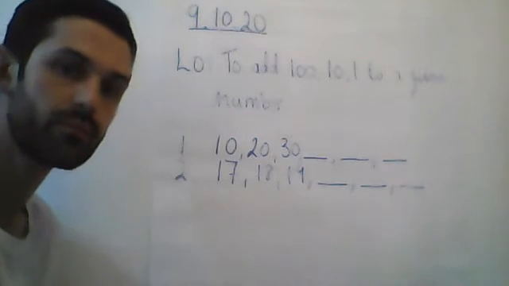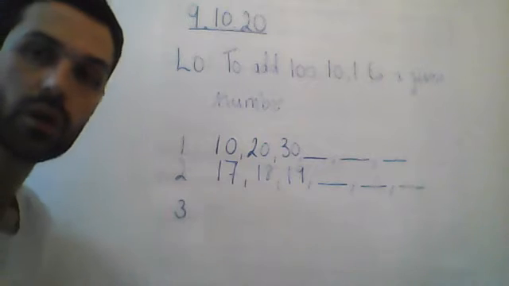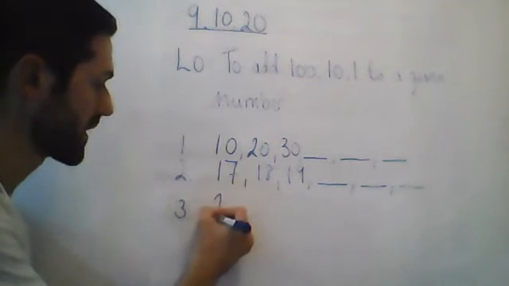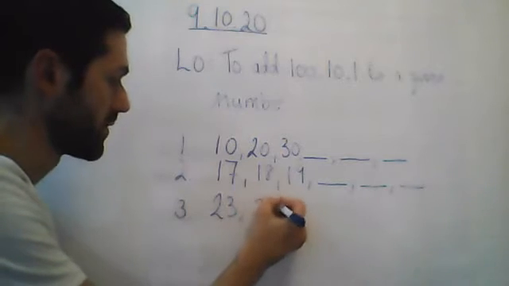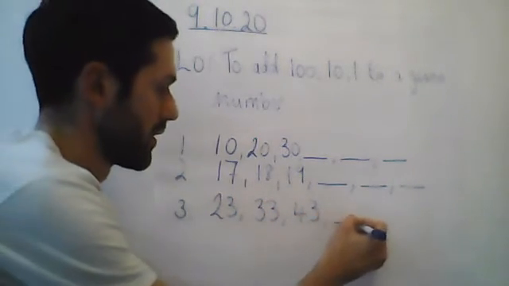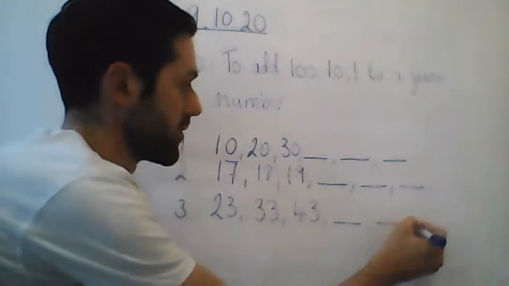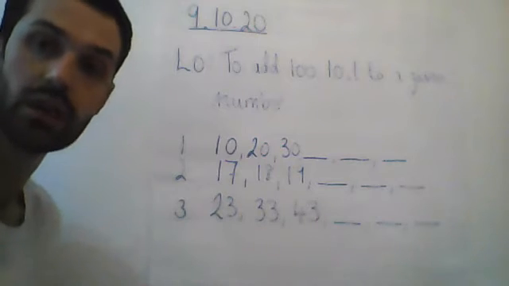And finally, the next sequence of numbers I'm going to ask you to write down. We'll start with 23, 33, 43. What are the next 3 numbers in that sequence? And we'll look at the answers together in a moment.